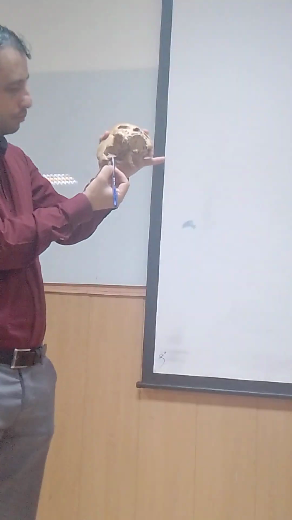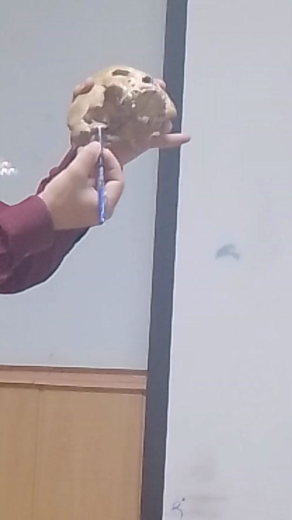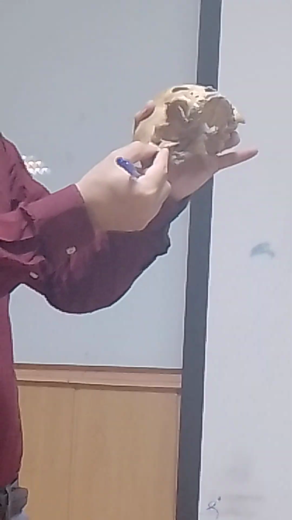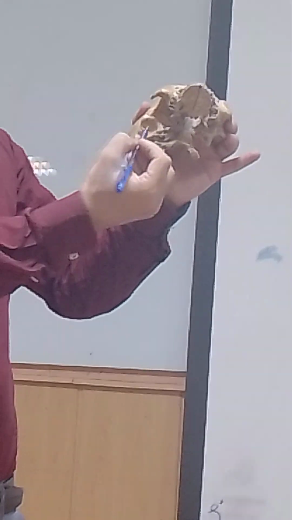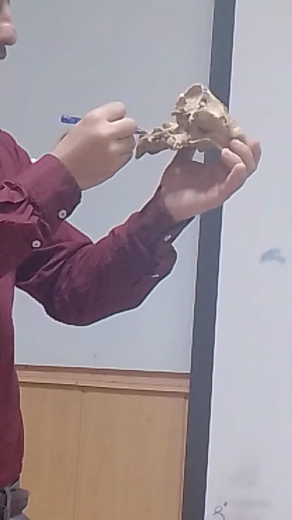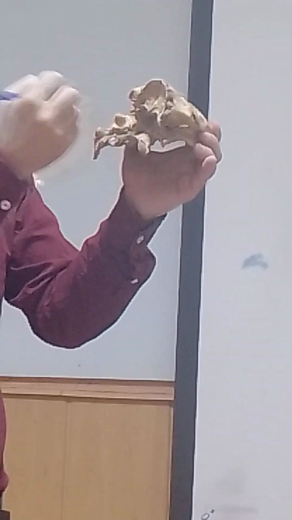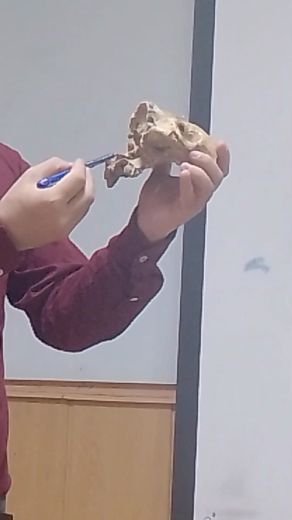The inferior border of the tympanic plate, the styloid process, which is broken in this skull. Here is the mastoid process. Between the styloid process and the mastoid process, you can see the stylomastoid foramen.